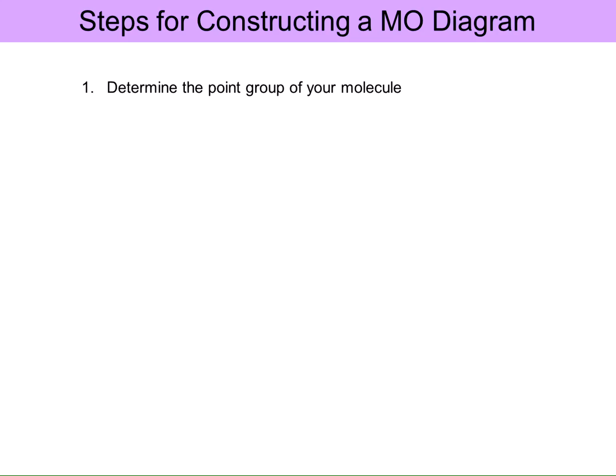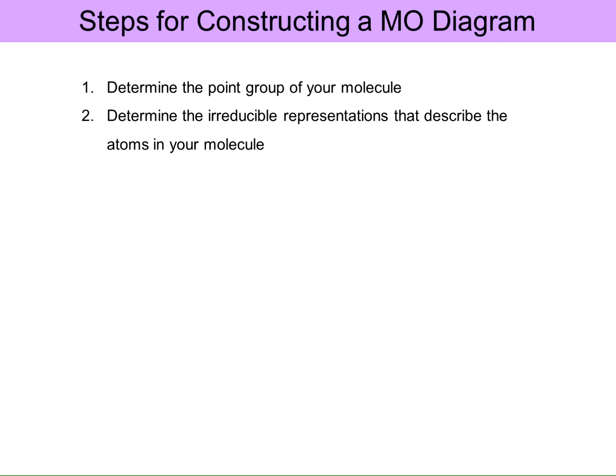So I first want to start looking at how to construct a molecular orbital diagram. And the first step is to determine the point group of the molecule. Once you have the point group of the molecule, then you're going to determine the irreducible representations that describe the atoms in your molecules. So, for instance, say you had ammonia, so the nitrogen would be a subset of the atoms in ammonia, and the hydrogens would form a subset.